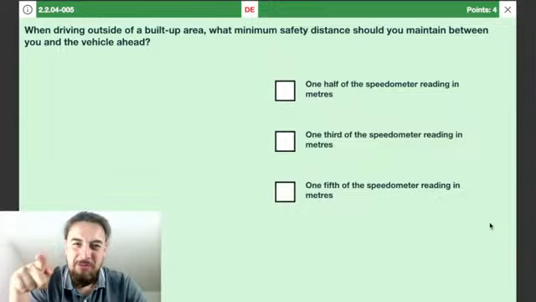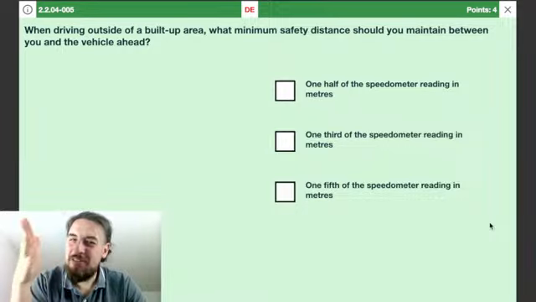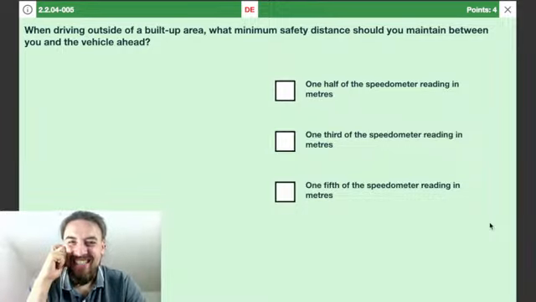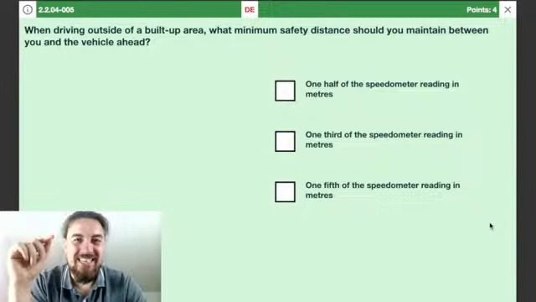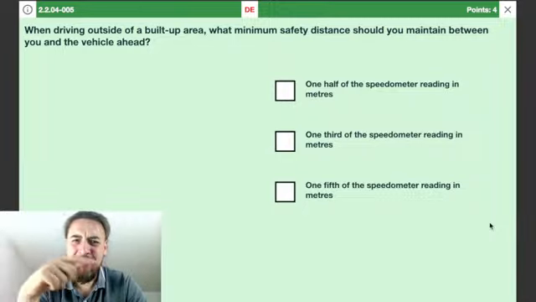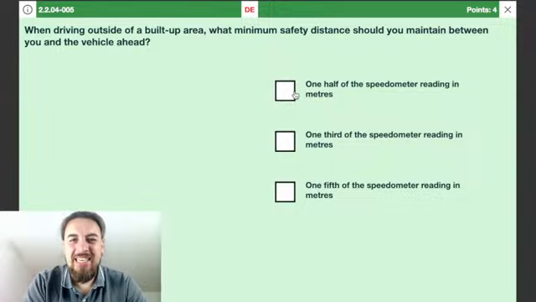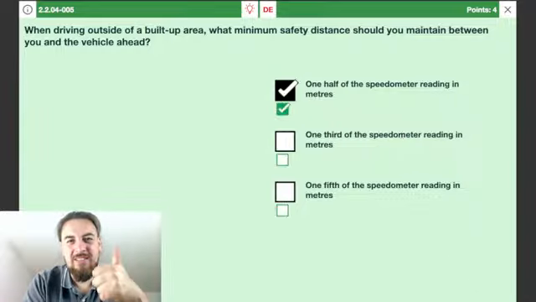So if you've got this wrong, then you're not listening to me, because I explained exactly that, I would say, 30 seconds before. So outside built-up areas, the correct answer is 1/2 of the speedometer reading in meters. All right.